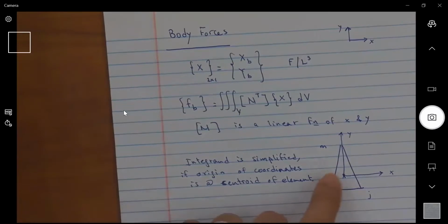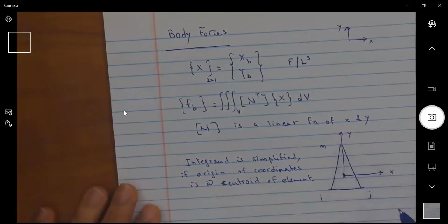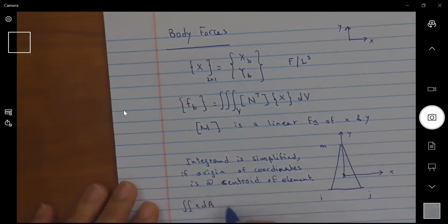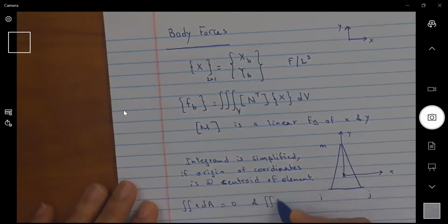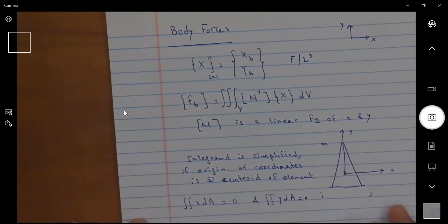So what happens if the origin of the coordinates is at the centroid? That would mean the double integral of x dA is 0, and similarly, the double integral of y dA is 0. Actually, these are the equations we use to find the origin of any area.